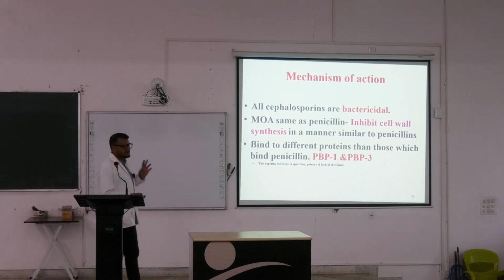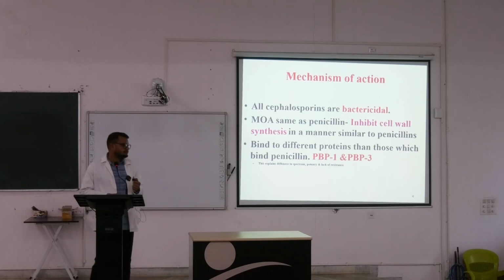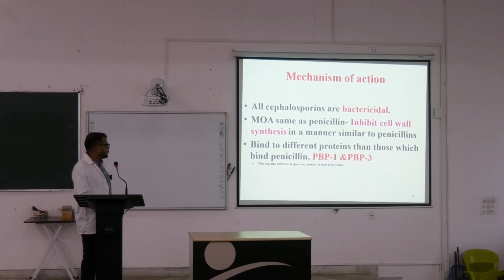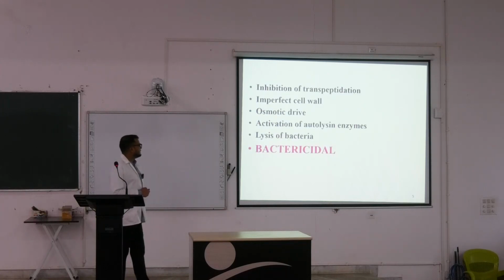Mechanism of action same as penicillin. Inhibit the cell wall synthesis in a manner similar to penicillins because it has the beta-lactam ring. Bind to different proteins than those which bind to penicillin: penicillin binding protein 1 and penicillin binding protein 3. Okay. What other things it can do?